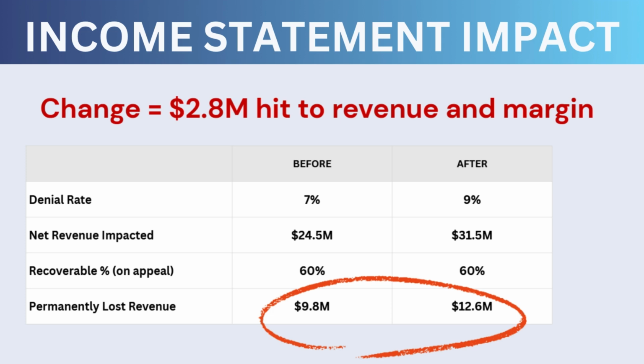So under the current scenario at 7%, that's a $9.8 million loss. But if we increase the denials by 2%, that $9.8 million is increasing to $12.6 million. And that's where we got our $2.8 million hit to our net revenue and to our operating margin on the income statement.